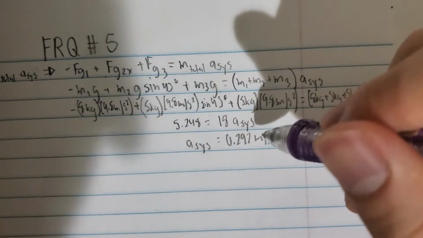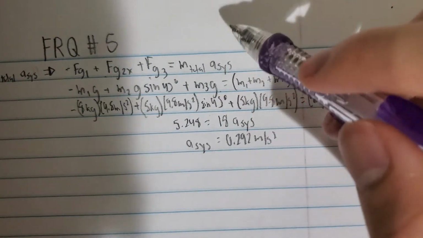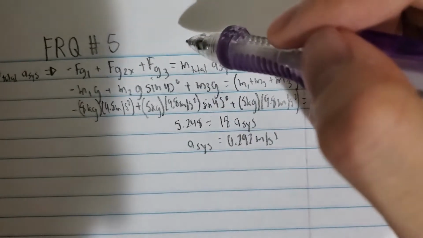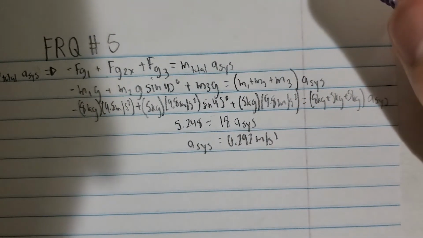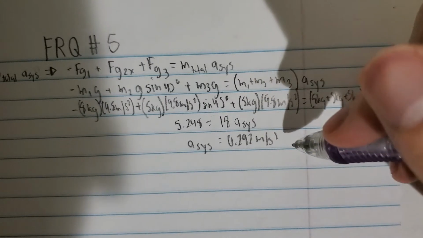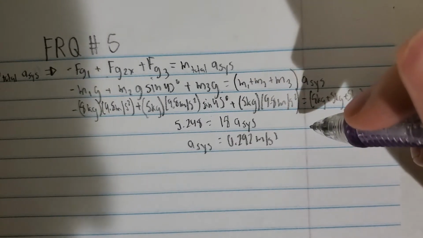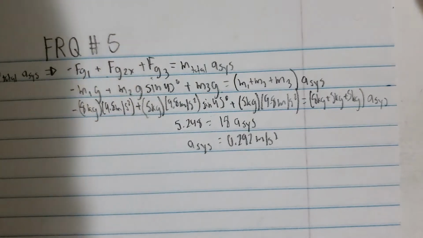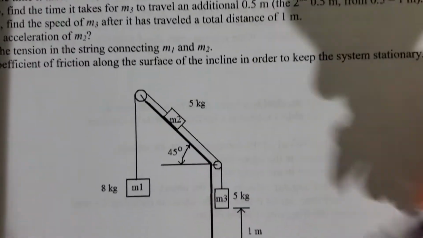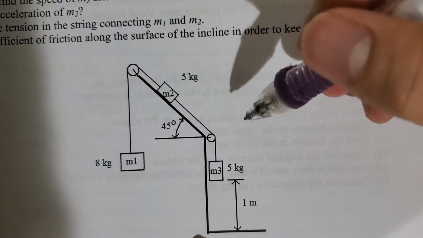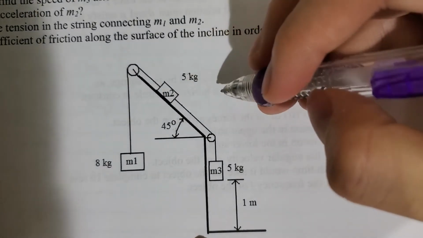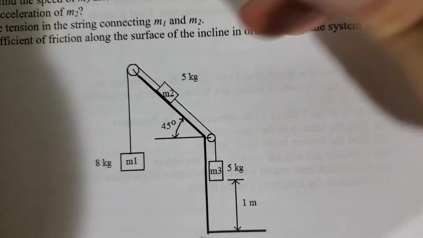Now, since I got a positive acceleration by making the forces of M2 and M3 positive, that means my acceleration is in the same direction as the forces of M2 and M3. So looking at the diagram, M2 and M3 forces are pointing this way. That means the system will accelerate to the right.